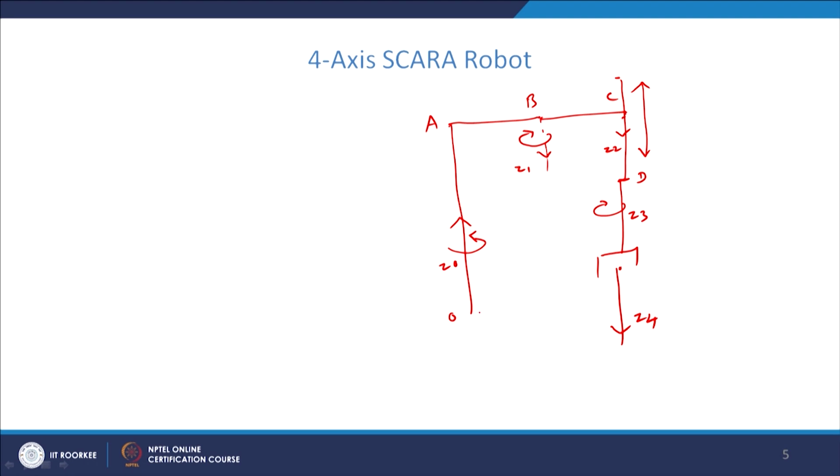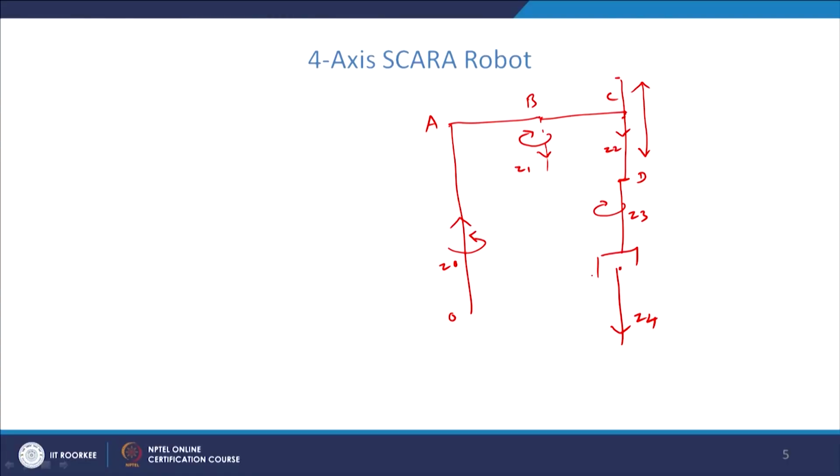So, for this robot manipulator, it is very clear that the end effector will always point downwards and it will move vertically up and down only. It will not tilt in any other x and y direction, only vertically it can go down or up, or it will rotate about the Z4 axis.